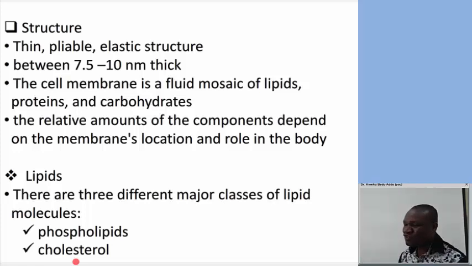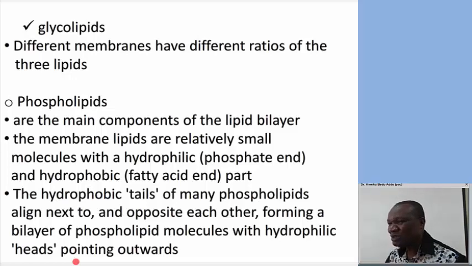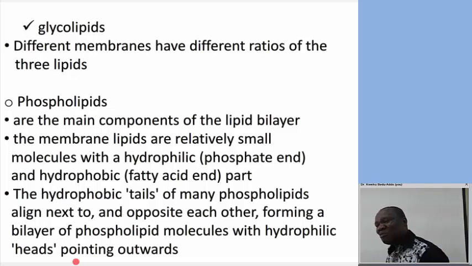We have the phospholipids, we have cholesterol, and we have glycolipids. Sorry, glycolipids. Now, these occur in different ratios, right? The membranes have these lipids in different ratios.